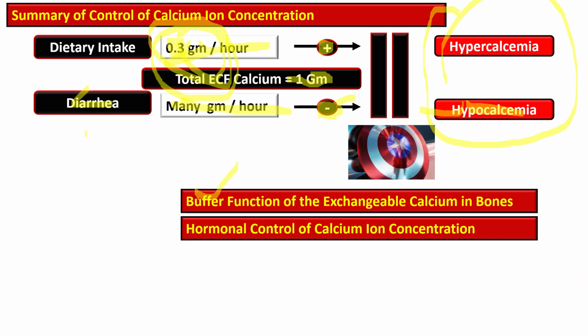Calcitonin is less important in adults, but it opposes parathyroid hormone and inhibits the osteoclast. So exchangeable bone calcium provides rapid buffering, and hormones fine tune and stabilize the long term levels.